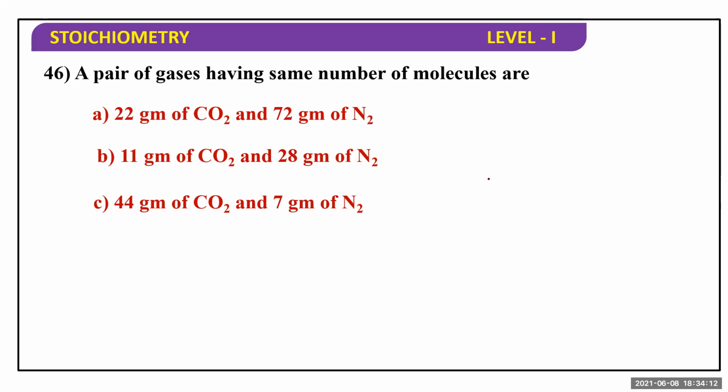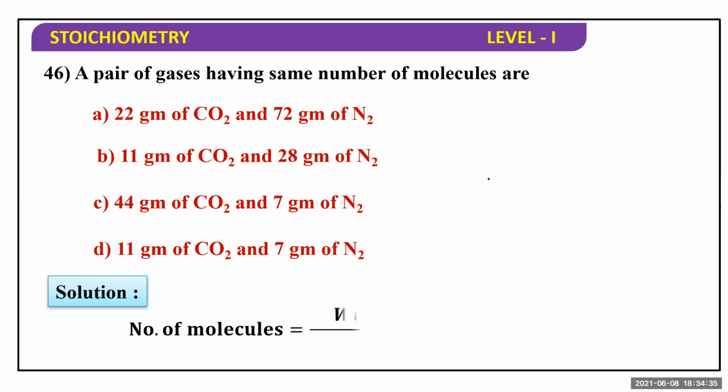And 11 gram carbon dioxide and 7 gram nitrogen, correct? Yes, sir, D. Option D is correct, because 11 gram carbon dioxide contains only 1/4, and for nitrogen it is also 1/4 moles. So the number of molecules equals weight divided by molecular weight into N.